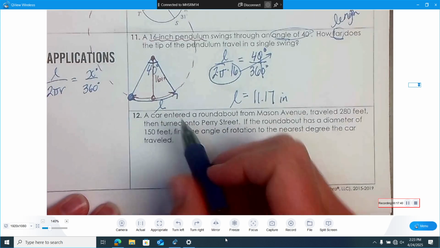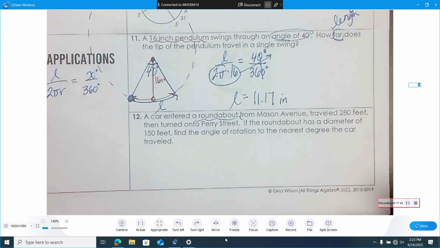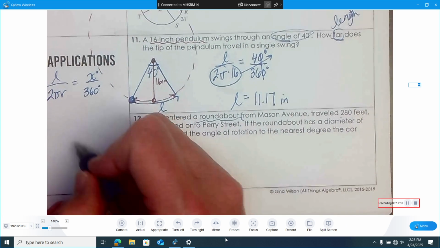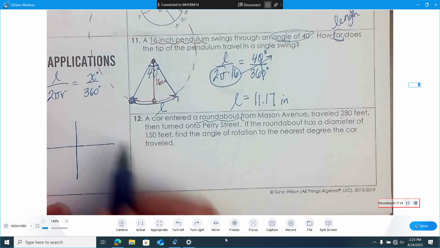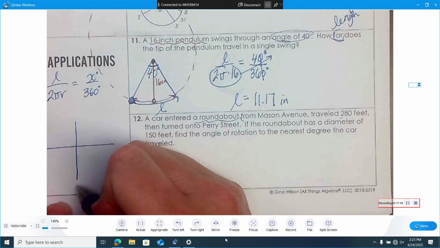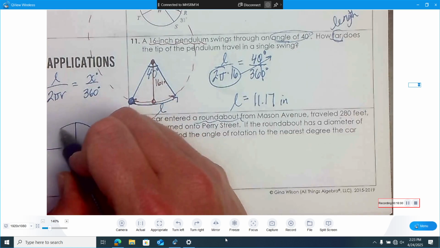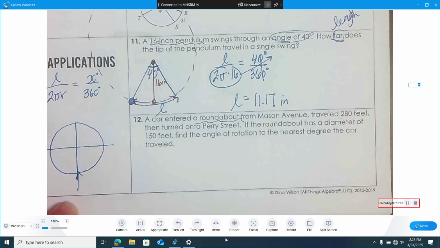So number 12, a car entered a roundabout. What's a roundabout? It's that thing that's round, like a circle, that you have to drive in a circle. From Mason Avenue and traveled 280 feet. Oh, okay. So let's say I have an intersection here, and my car is approaching the intersection, but now it has to take the roundabout to get there.